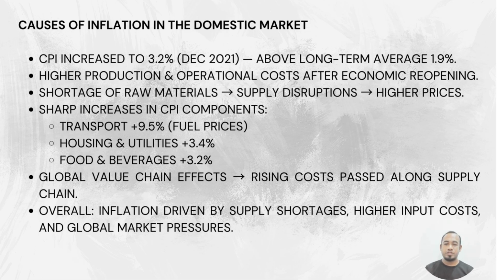Eventually, this increased cost reaches consumers in the form of higher retail prices. This process is called price transmission. In summary, domestic inflation was driven by supply disruptions, high input and fuel costs, and global market pressure.